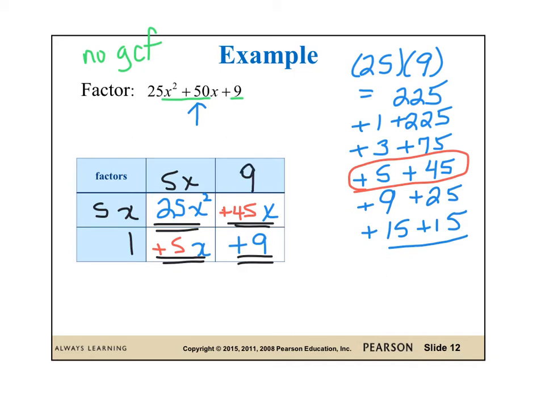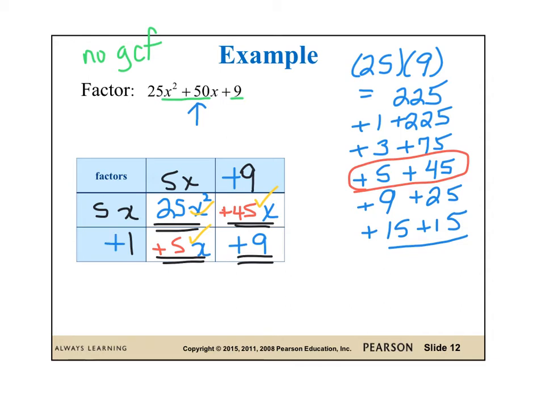And now we'll do our sign check. 5x times 5x is 25x squared. 5x times positive 9 will give us positive 45. So we're going to assume that's positive. And 1 times 5x is indeed positive 5x, so we're going to make sure that's also positive.